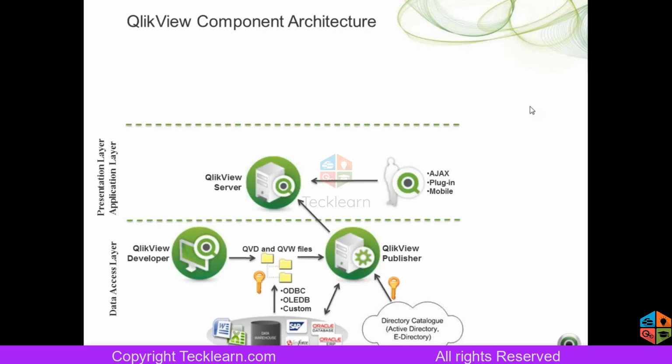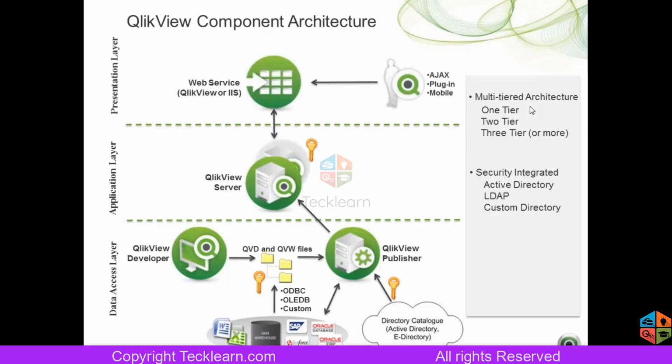It's the same architecture we have seen in this diagram: data access layer, application layer, and presentation layer. The data access layer means whatever different types of data we have, we load into the ClickView application, using different connection providers, and we create the QVDs and ClickView files, and we need to deploy the application in the ClickView server, which is the application layer.